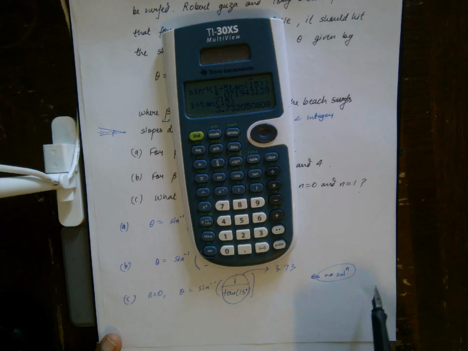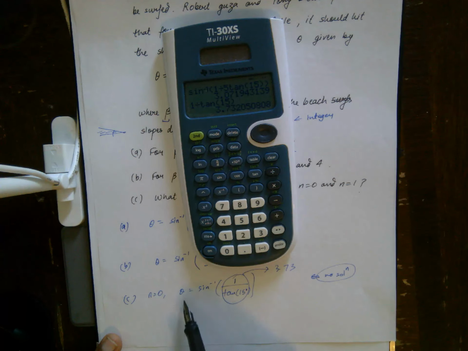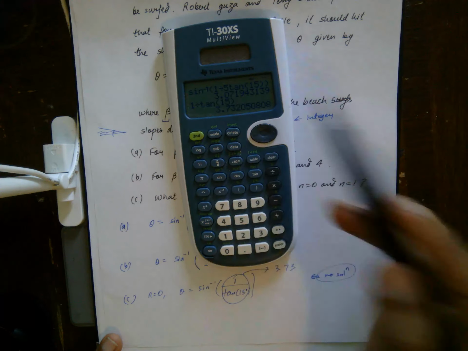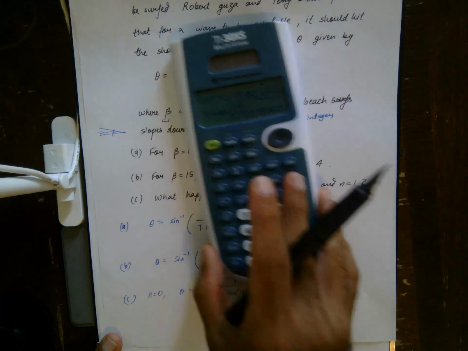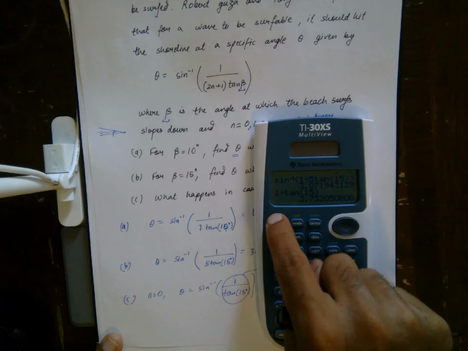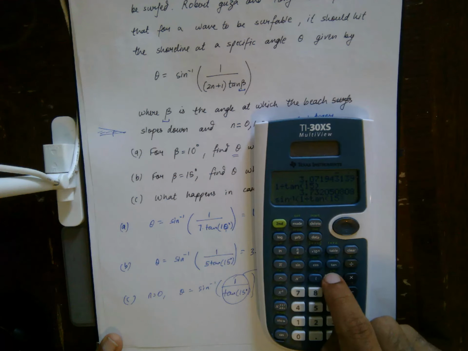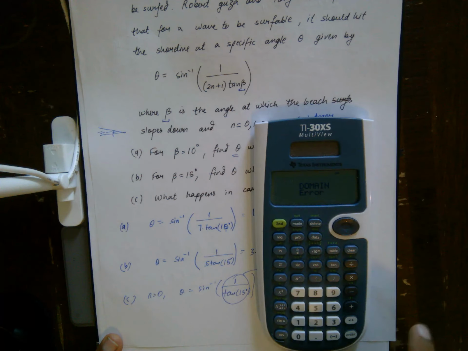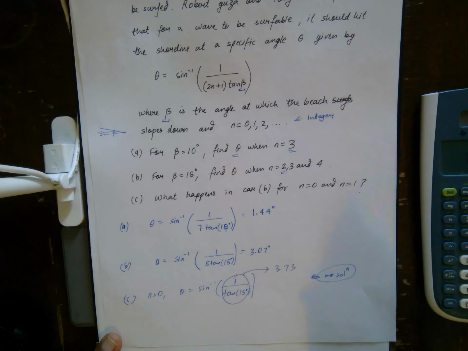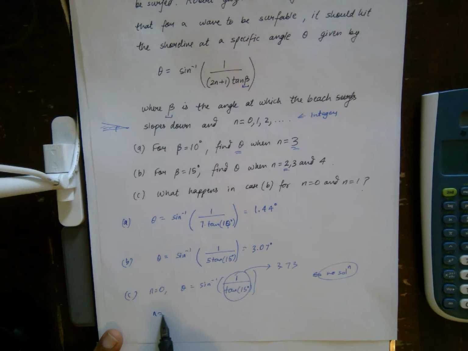Why? Because the domain for sine inverse is -1 to 1, meaning there is no angle theta for which the sine of that angle would be 3.73, because it can never be more than 1. And in fact, if you plug this in on a calculator, as expected, you would get a domain error. And so no solution.